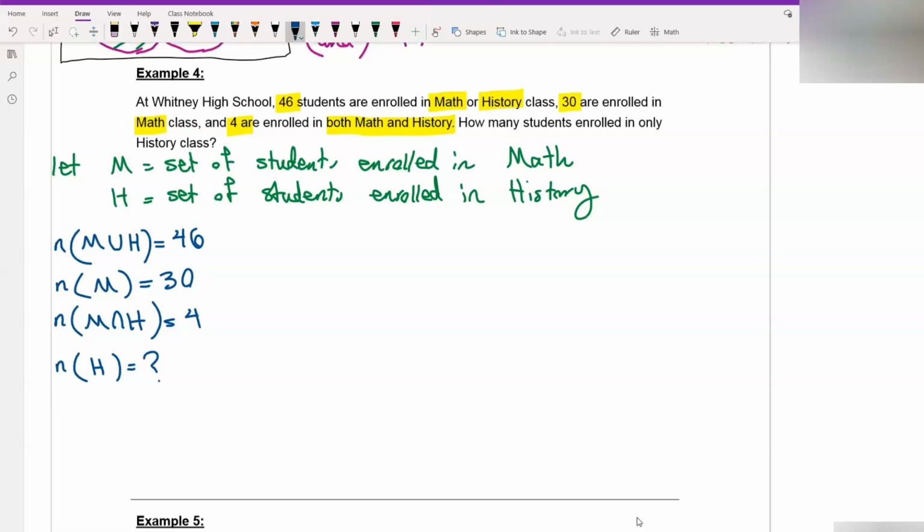So this one is number of elements in history. But if we try to draw Venn diagram, we can also see that inside that part, we're gonna have members that are in common.